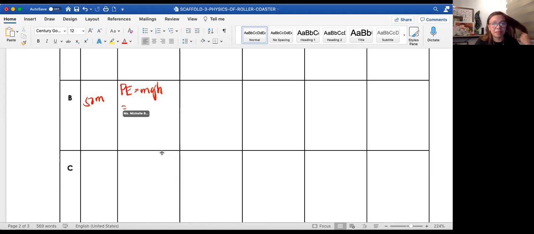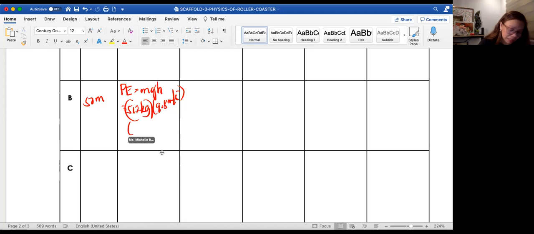Again, that is mass, which is 512, times the gravity times the height, that is 50 meters, which is equal to, please try to use a calculator. I did my calculation in advance, so if you're able to get the same as me here, then you're correct.